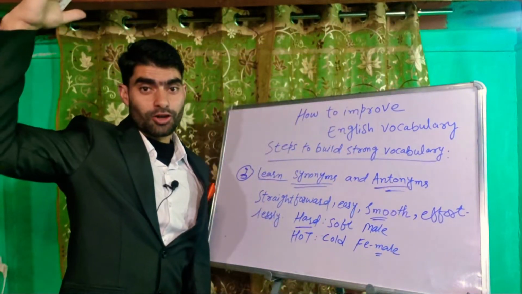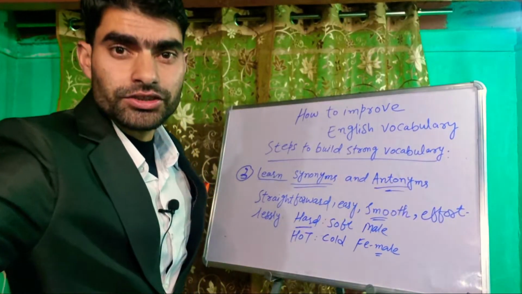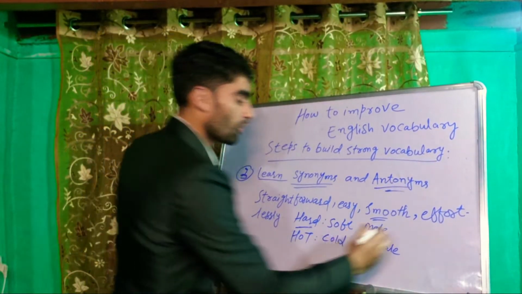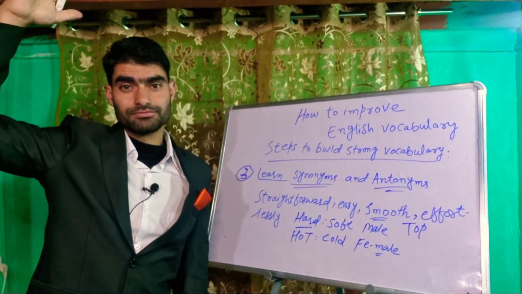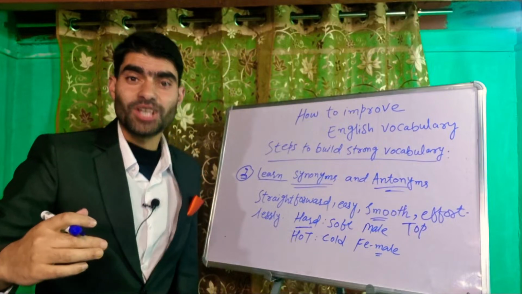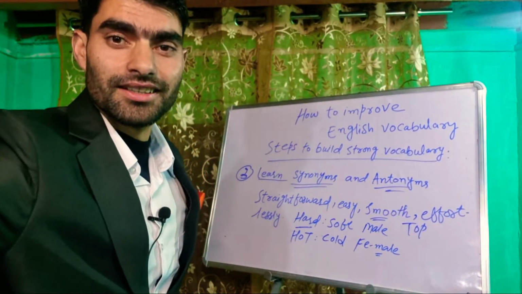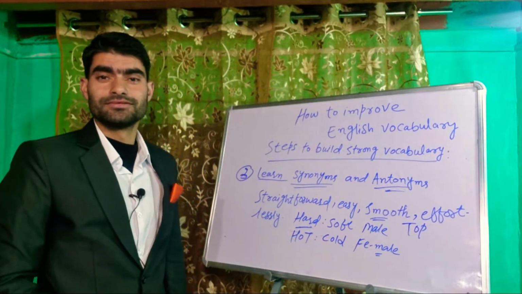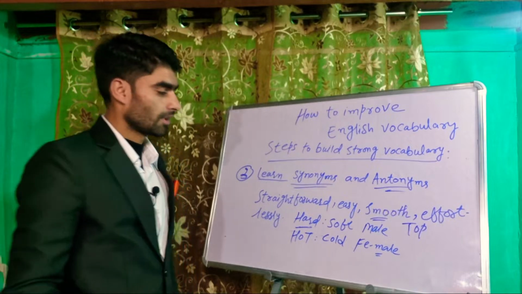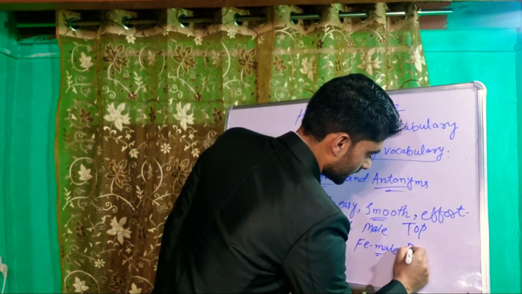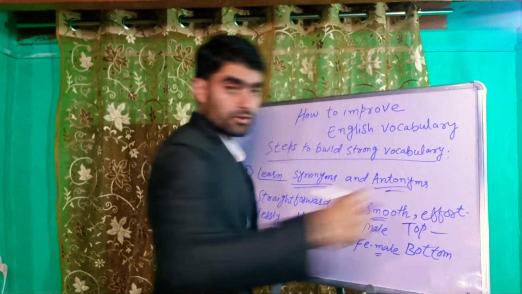Top. Mr. Said Rehan has also joined. Shani Bashir, good sir, very good. Top. Top means upper. Down. Okay. Down. Bottom. Got it? Bottom means निचला हिस्सा. Top means ऊपर का हिस्सा.